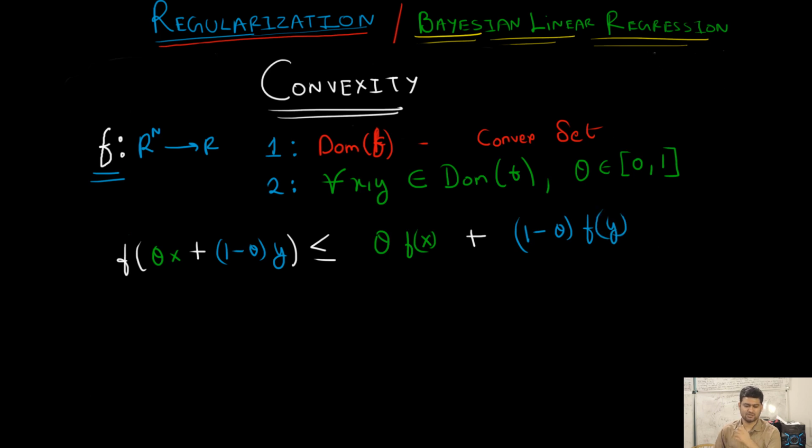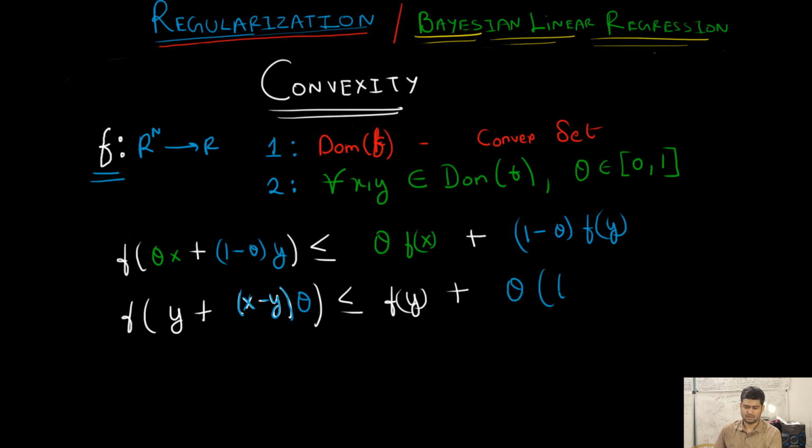In other terms, we can also write it as f of y plus x minus y times theta is less than or equal to f of y plus theta times f of x minus f of y.